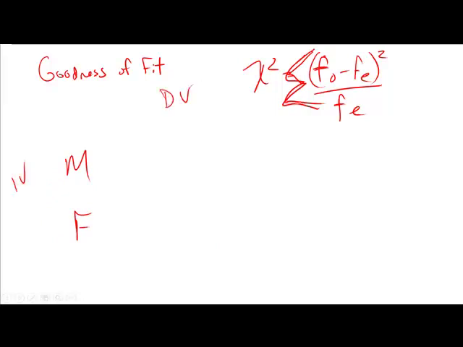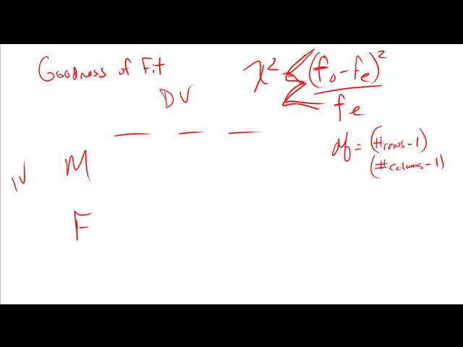Your dependent variable is the outcome. In that case, the chi-square is the same formula, but it gets a little bit more complicated. Your degrees of freedom is the number of rows minus 1 times the number of columns minus 1.